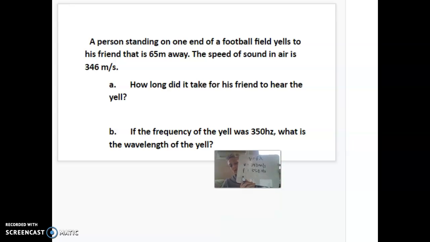So in this case, I'm given information about frequency, and I want to find wavelength, so I'm going to use the relationship v equals f lambda. And when I solve for that, 343 over 350, let's find out. The wavelength of the wave is 0.98 meters, approximately 1 meter.